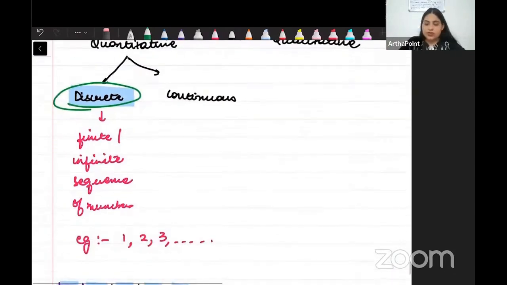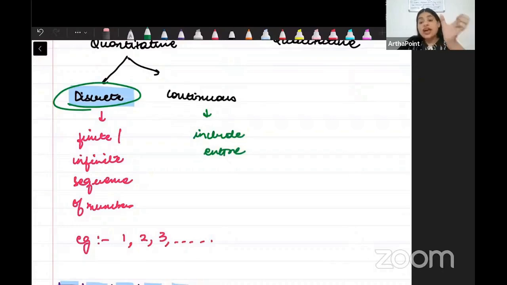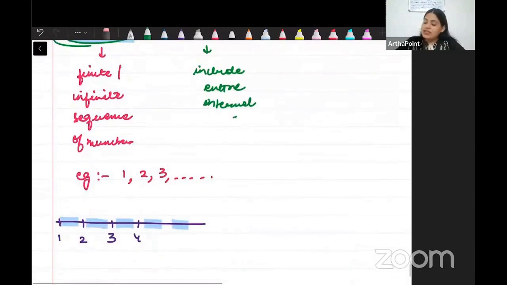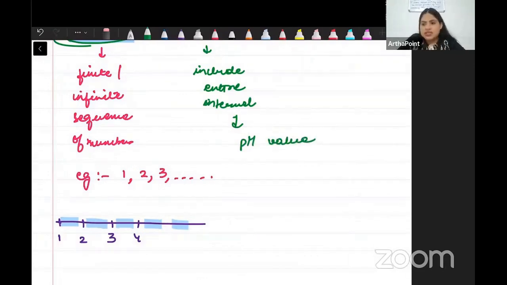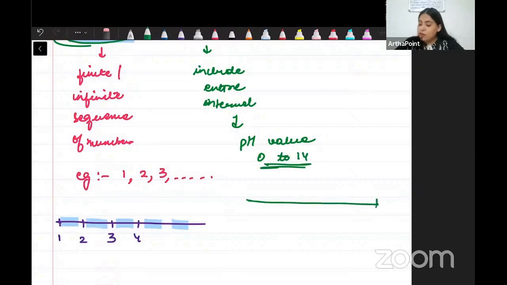Now think about continuous. Continuous is when you are able to include your entire gap, the entire interval. For example, let's say I am checking the pH value of any chemical substance, and this pH value can be anything between 0 to 14. I am including all possible values.